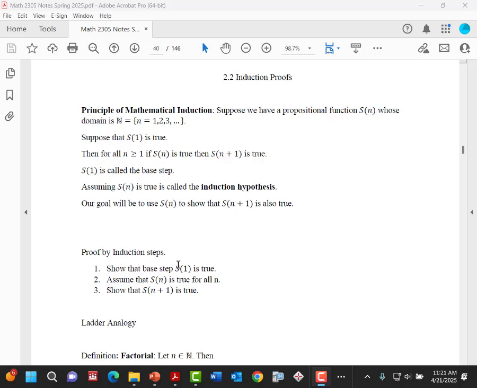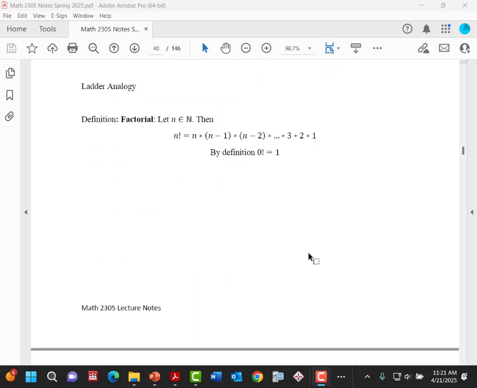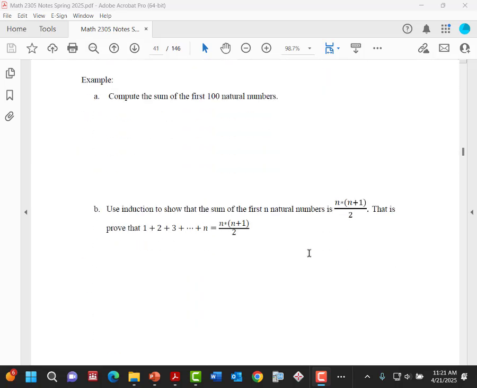So the base step is to show that S1 is true, and then the inductive step is to assume that the formula works, or that Sn is true for all n. And if I can show then that S of n plus 1 is true, then in essence I have proven my result. Okay? So what we want to do is a couple of examples.